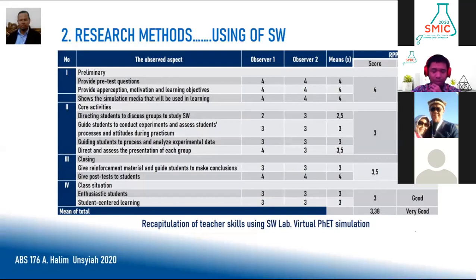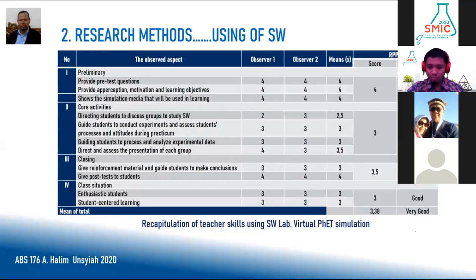If we see from the two observers, observer 1 saw in the preliminary step that all activity is very good, and then in the core activity, directing and accessing the presentation of his group is very good, only directing students to discuss in groups to study the SW is lacking, but good.